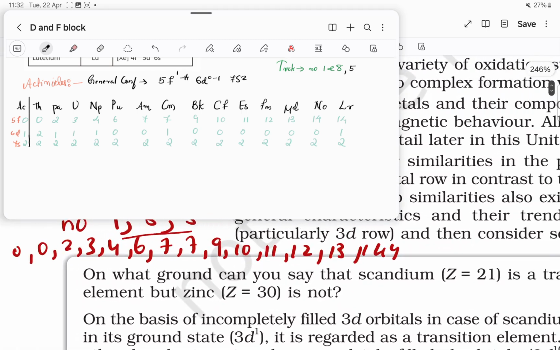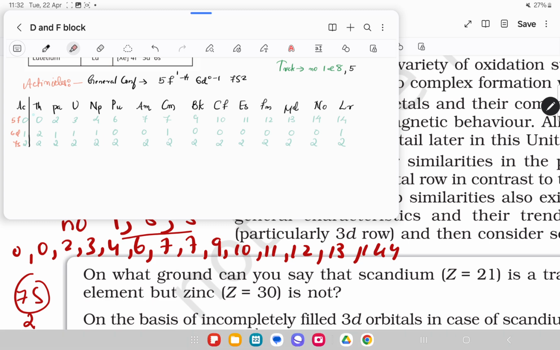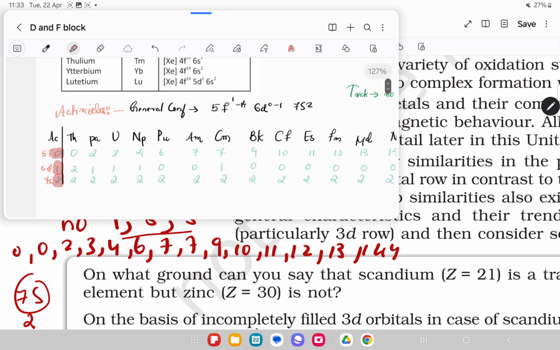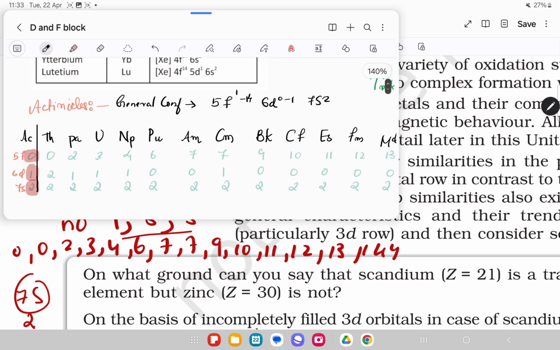Now again everywhere the 7s orbital will be 2. Again the same trick you apply: 0, 1, 2. Start with 0, 1, 2. Again you increase 1, 1. Here the count is 3. So here since atomic number is increased by 1 unit, it should be 4.